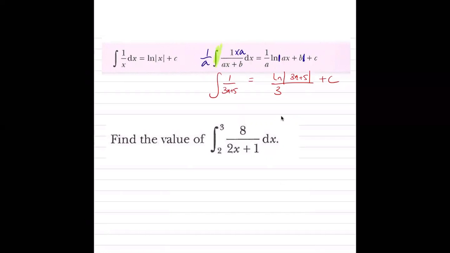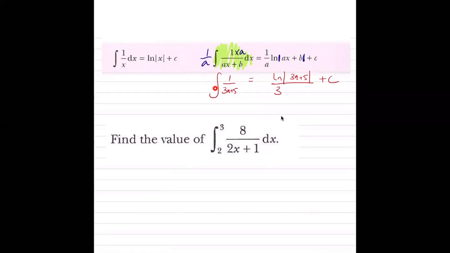Now, this conforms to a rule that says that if the differentiation of the denominator is present in the numerator, then the integration of such type of functions is simply going to be ln of the denominator, that is ax plus b, and there was 1 upon a outside, and plus c as the last step, the constant of integration.